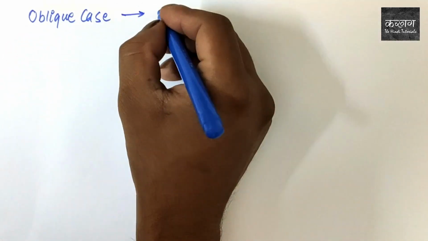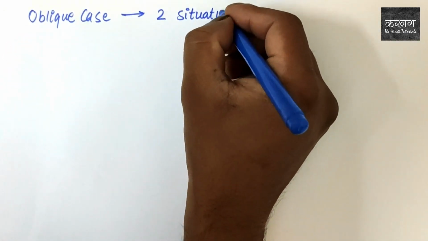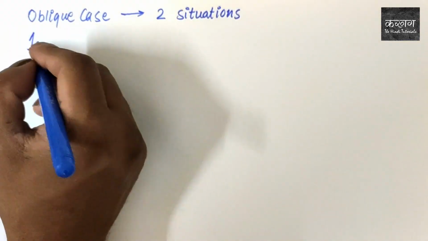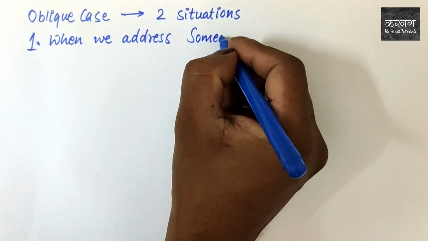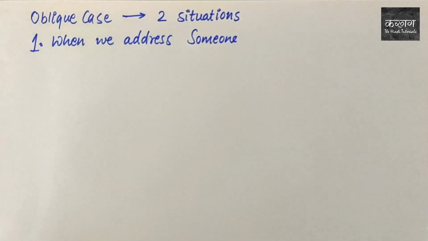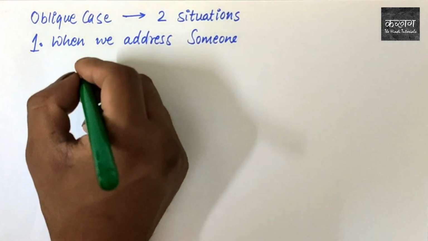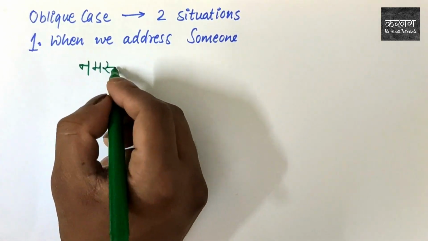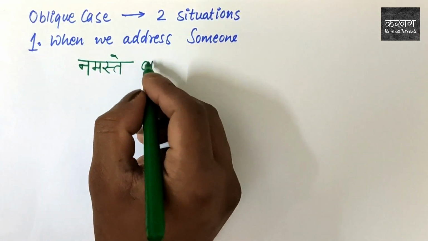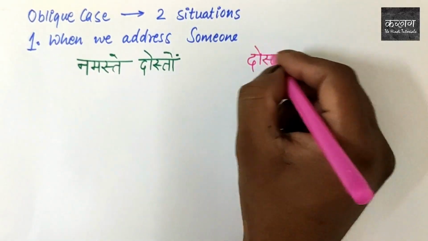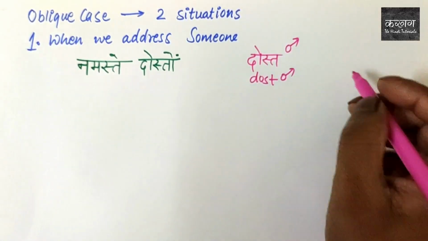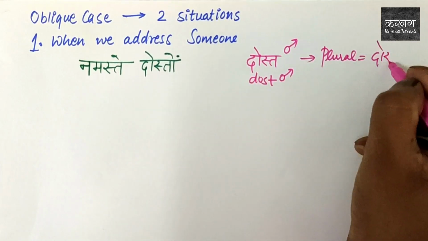Nouns are used in the oblique case in two situations. The first one is when we address someone. Do you remember how I began this video? What did I say? I said, Namaste doston, right? We have learned that dost is a masculine word and its plural is also dost.